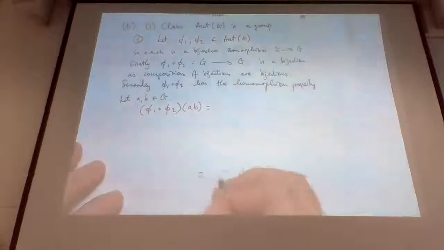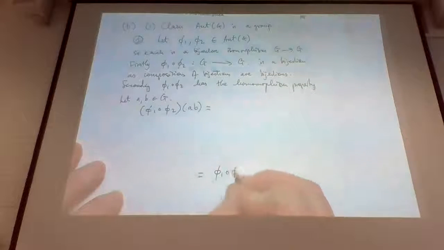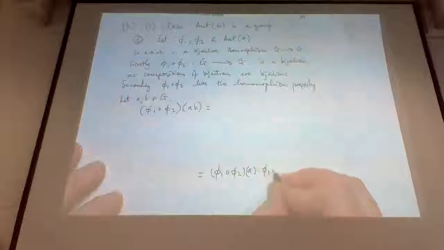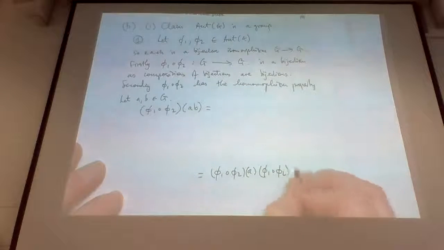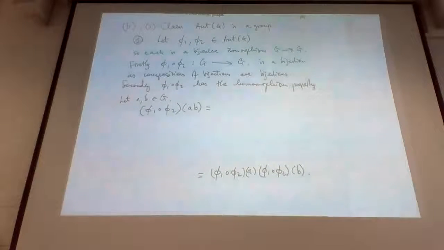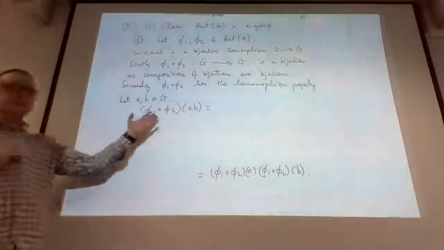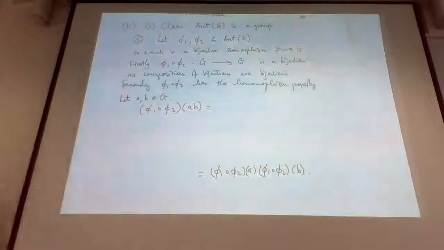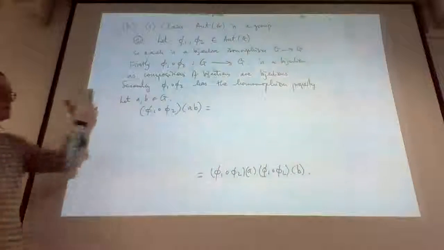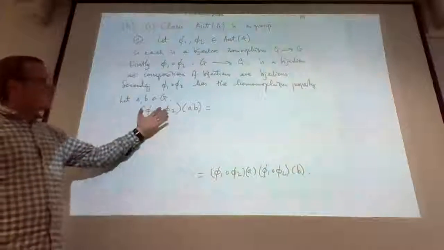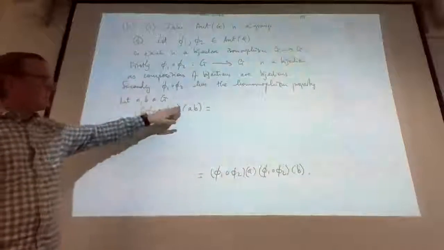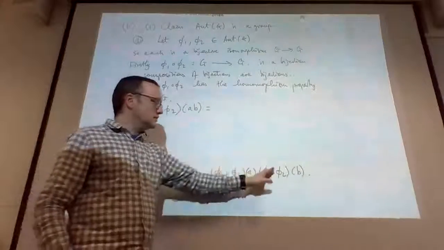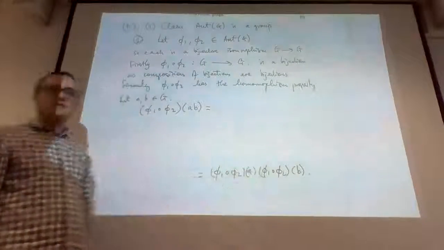Surely only because phi1 and phi2 have the homomorphism property. That's where it's going to inherit it from. The fact that phi1 and phi2 are homomorphisms is going to imply that the composition is a homomorphism. You know what you have to do because you know what the homomorphism property is. The map applied to the product is the product of the individual map values.